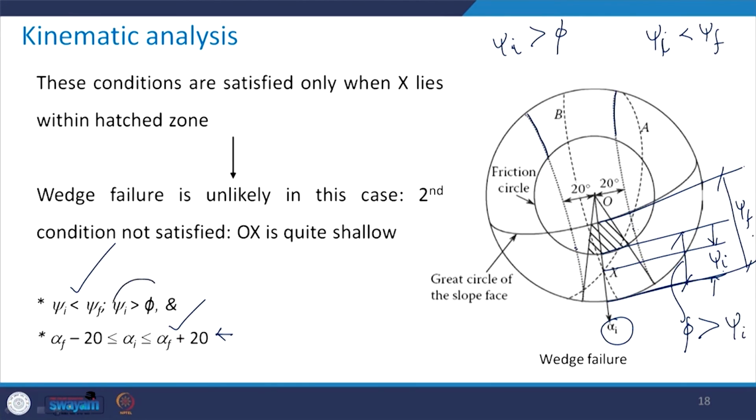So this condition is not satisfied, and therefore in this particular case which I have shown in this figure, wedge failure is unlikely to happen, because the second condition is not satisfied, because this OX is quite shallow. Quite shallow means that psi i is less than the phi value. So the second condition is not satisfied, so wedge failure is not going to occur in this case.